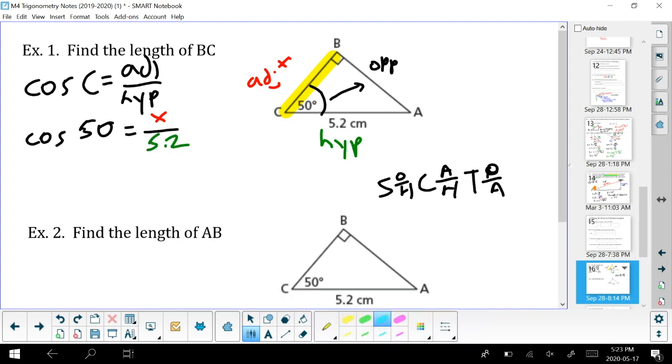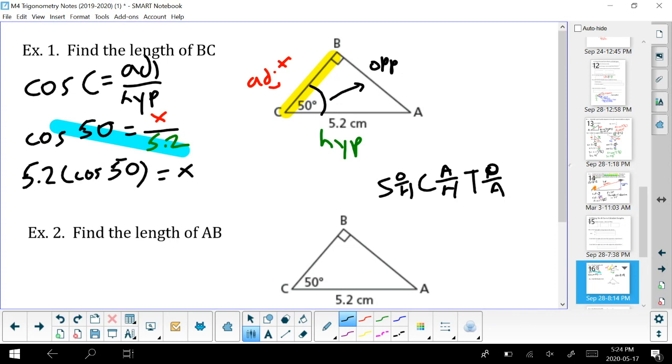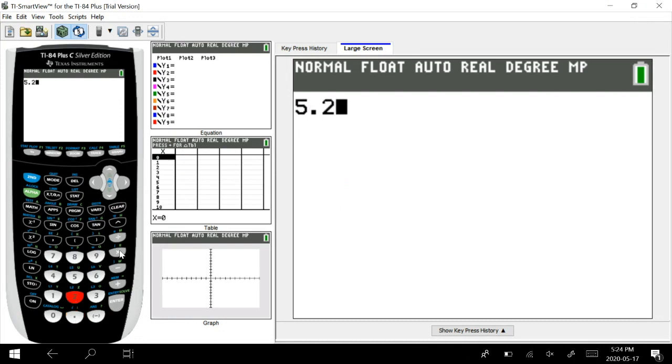So I'm going to get rid of that denominator on the right side by multiplying both sides by 5.2. So I end up with 5.2 times the cosine of 50 is equal to x. So we have 5.2 times the cosine of 50, and close off that bracket there.